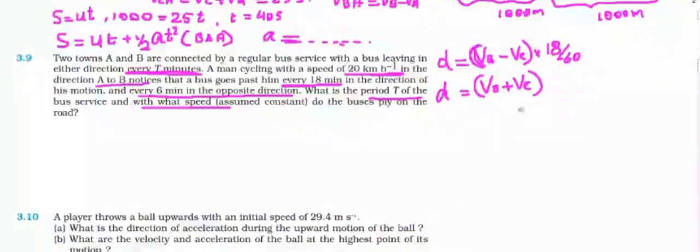Relative velocity we need to add, into 6 by 60, because after every 6 minutes one bus goes past the cyclist. Now see these two equations carefully.